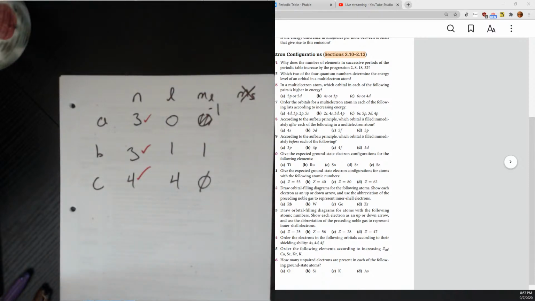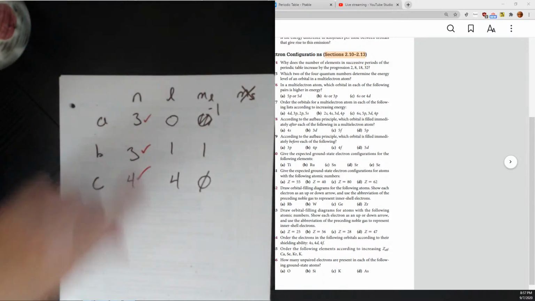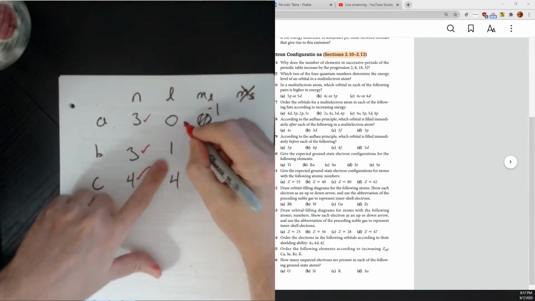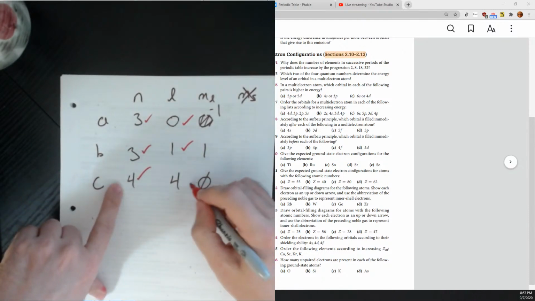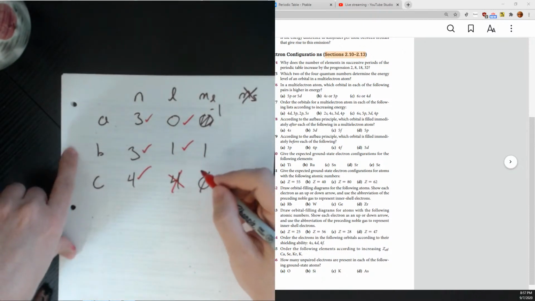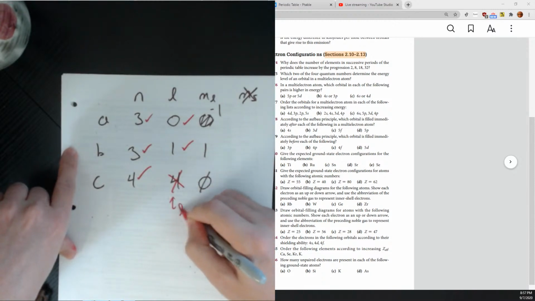So it can be 0, 1, 2, 3, any number, not negative, but less than n. So 0 is less than 3, not a problem. 1 is less than 3, not a problem. 4 is not less than 4. So that means that C is out because l has to be less than 4.